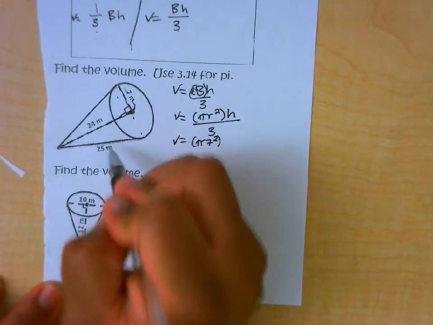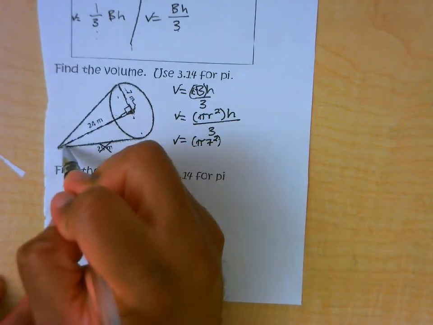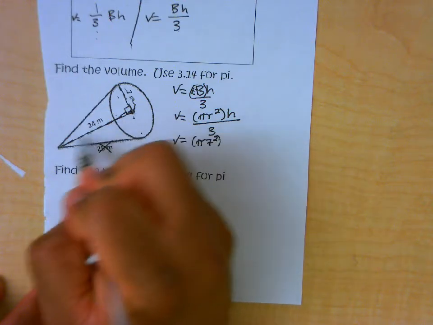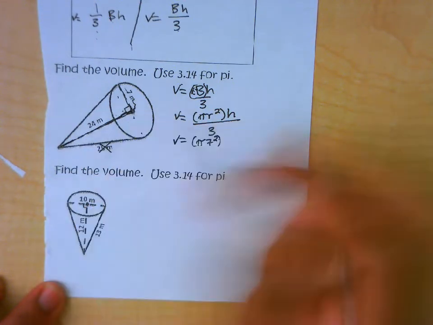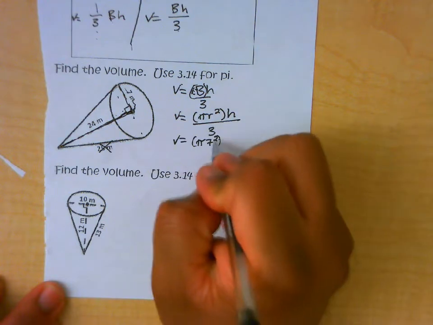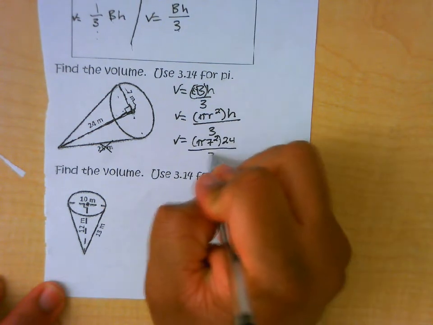This 25 doesn't matter. We don't worry about that. We worry about this line. It's always perpendicular to the base. It's always at a right angle.